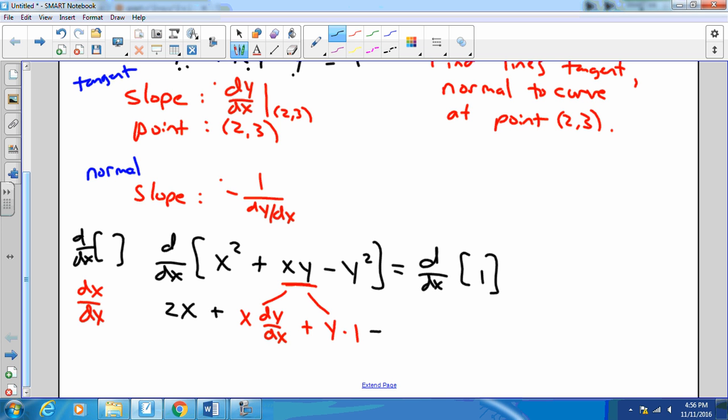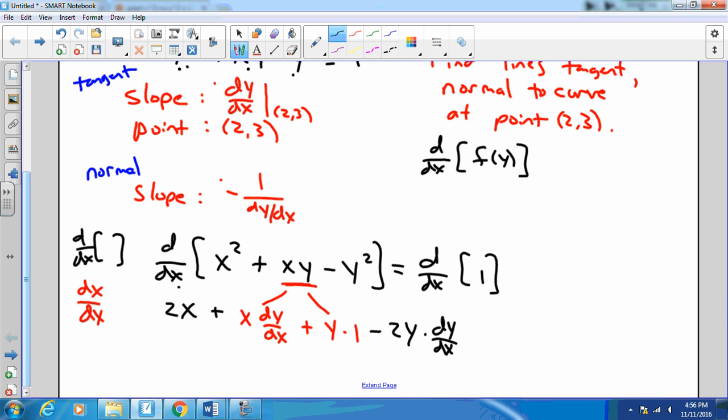And then finally, the derivative of y squared with respect to x will be 2y, that is the derivative with respect to y, times dy dx. And this was the part that was confusing to some people earlier. Remember that this is just an instance of the chain rule.